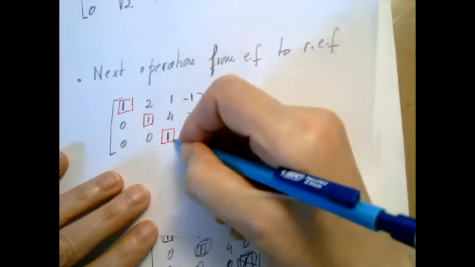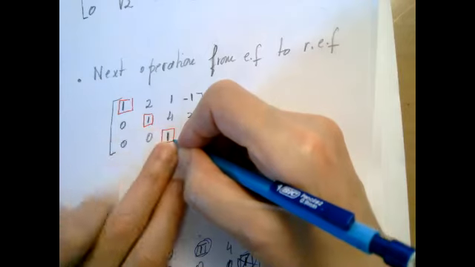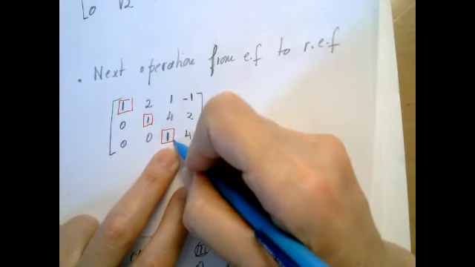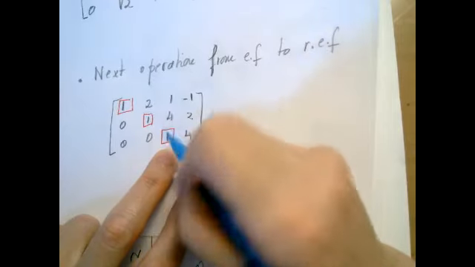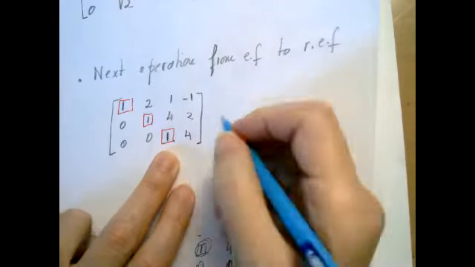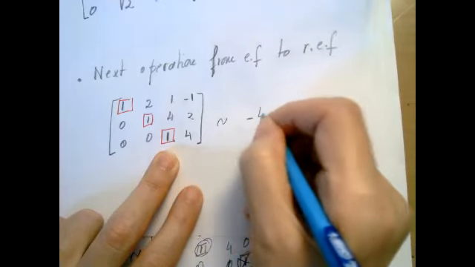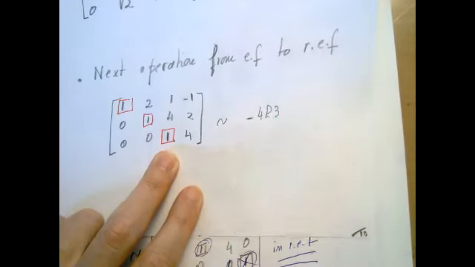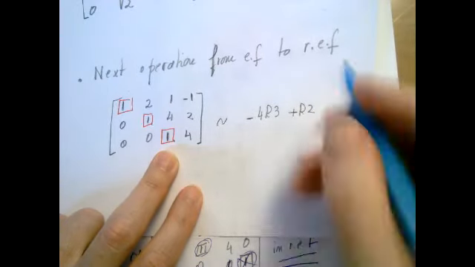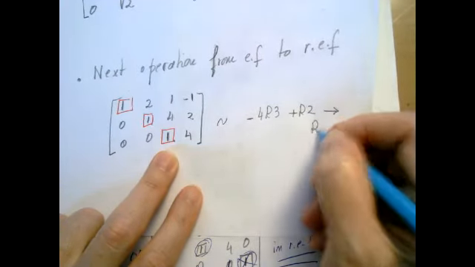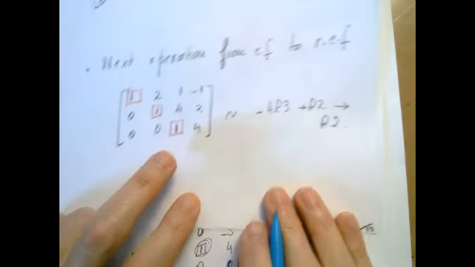I start with the rightmost one or the bottom one, and I'll use it to create a 0 in here. So I multiply the third row by -4, add it to the second, and this would be my new second row.